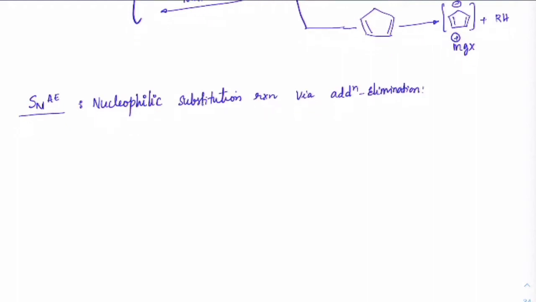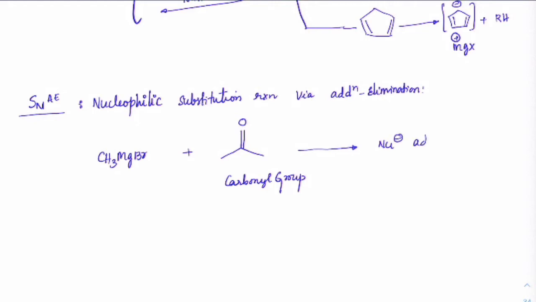What I meant to say is, suppose I take any Grignard's reagent like CH3MgBr and I treat that with C double bond O. Any C double bond O carrying group is called a carbonyl group. So Grignard's reagent, when you treat it with a carbonyl group, will undergo nucleophilic addition.